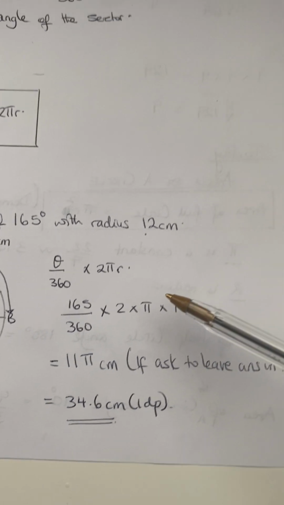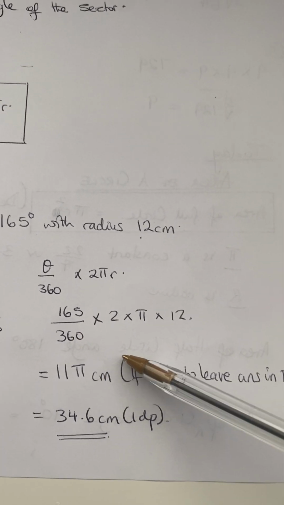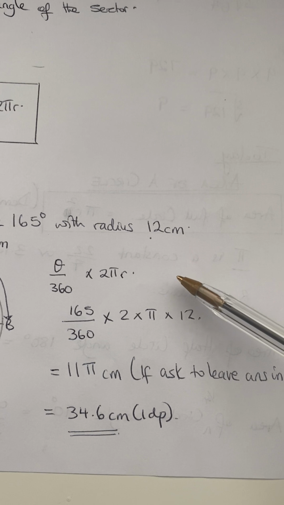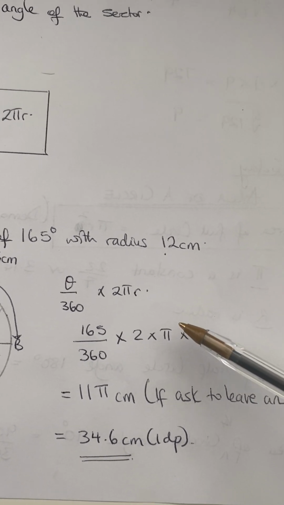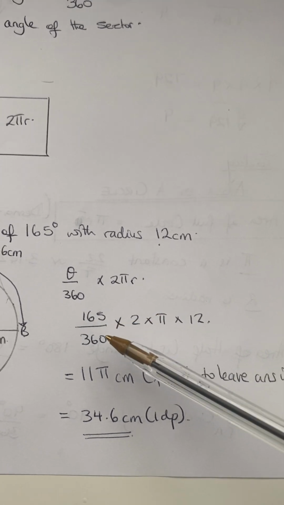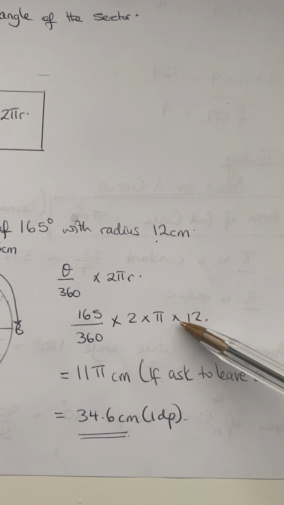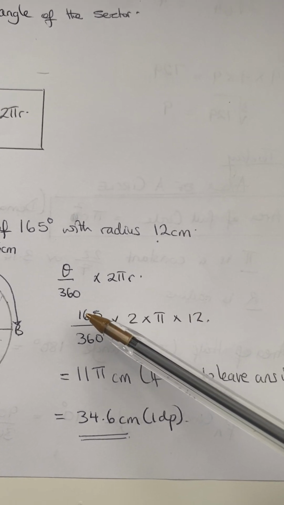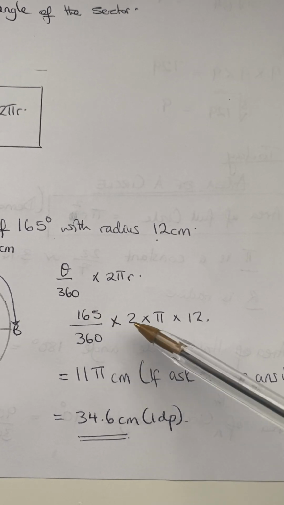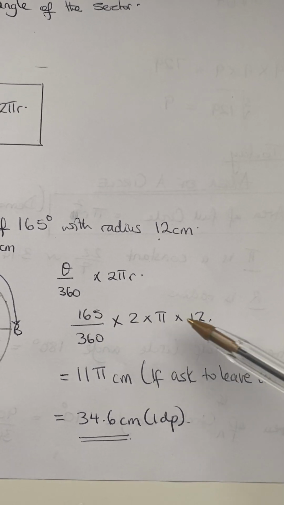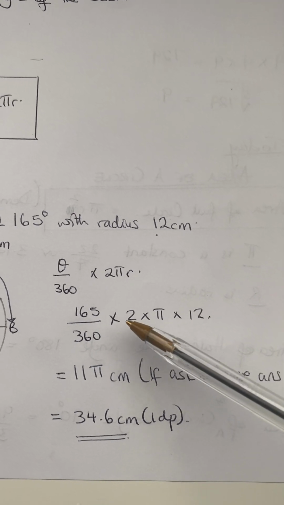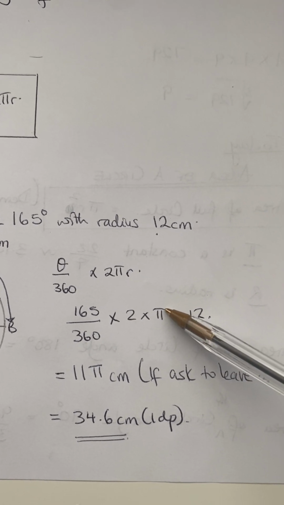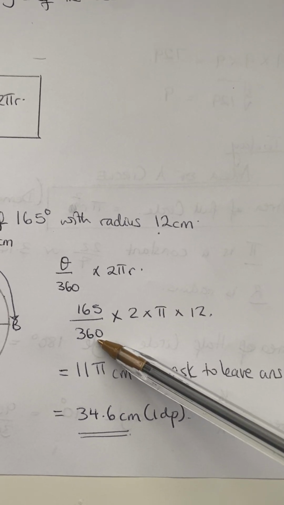If you do this on the calculator, don't use your phone calculator, use the one you use in your exam. You can do 165 times 2 times 12 times pi divided by 360.